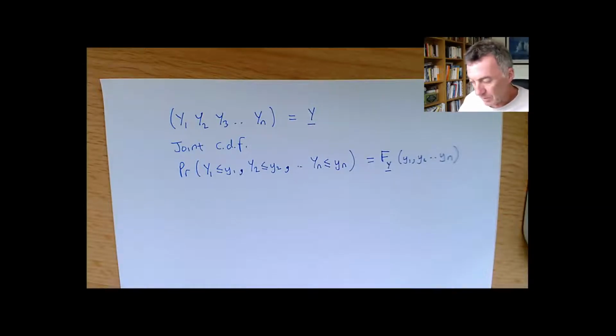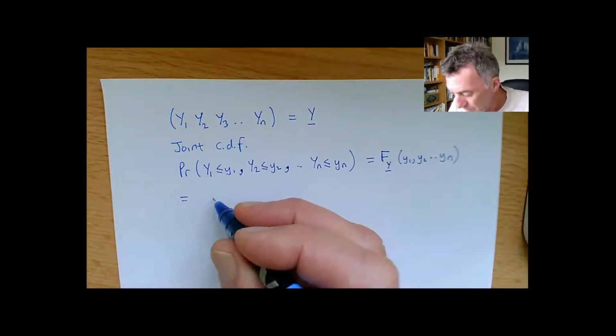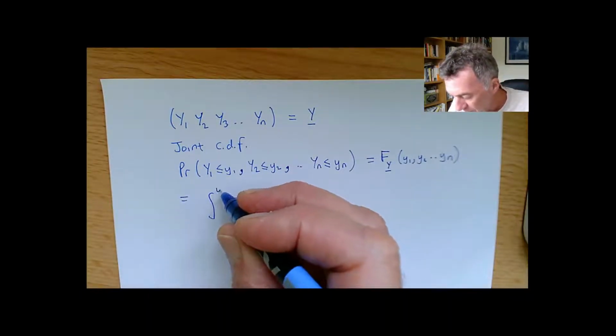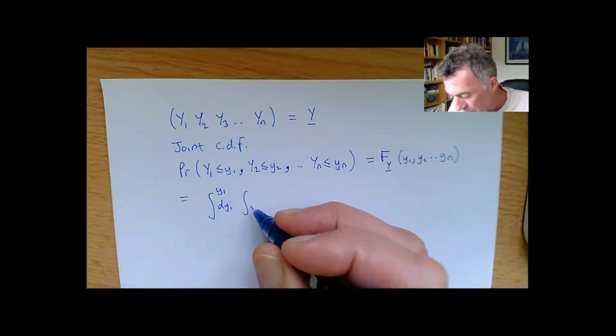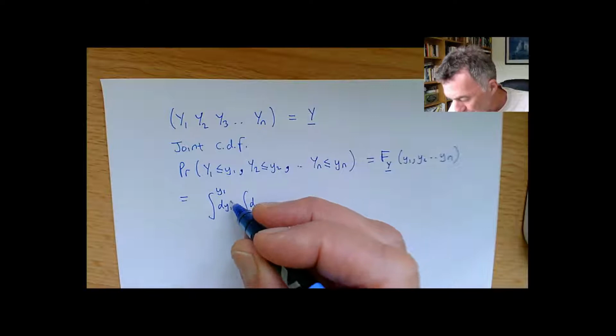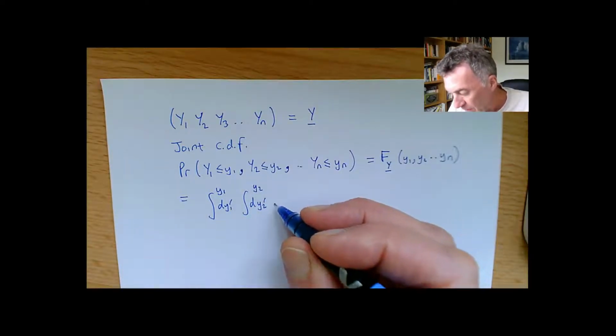Now, what that means in terms of densities, you could write that in terms of a density. It's the integral up to y1 over the first random variable. Integral, let's probably put a dash on that, dy2 dashed, y2, so on.